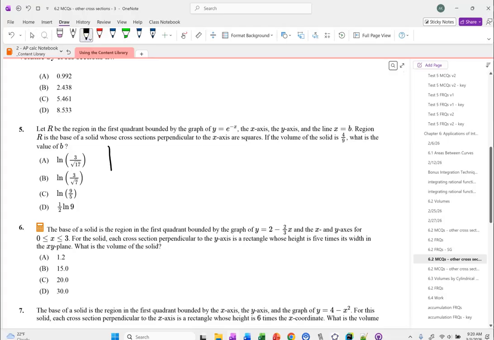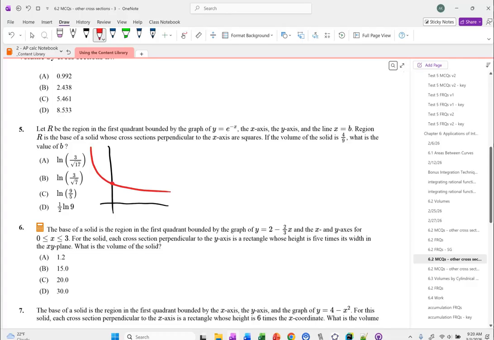So I'm going to sketch a little picture, although it's not super necessary. e to the x looks like this, right? So e to the negative x is just a reflection across, so it'll look like this.